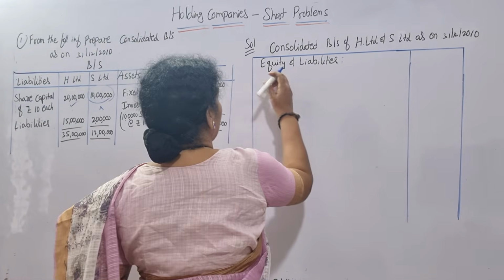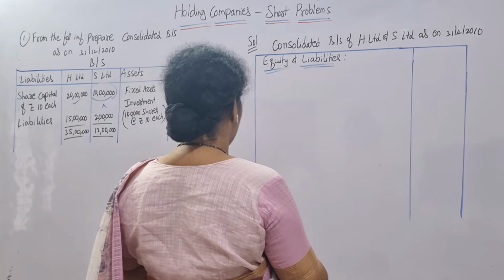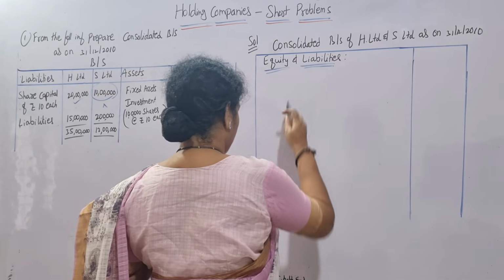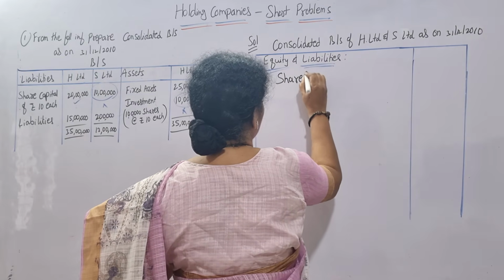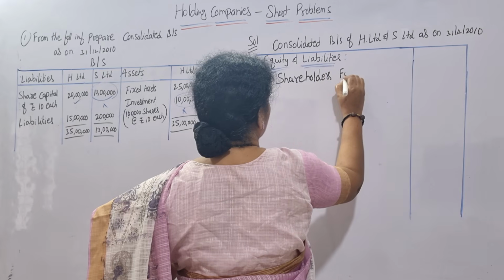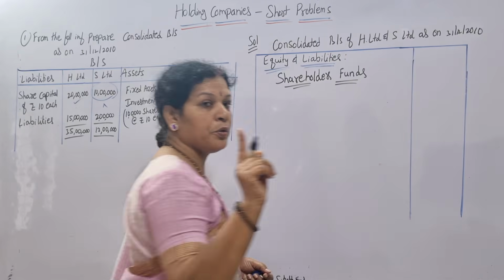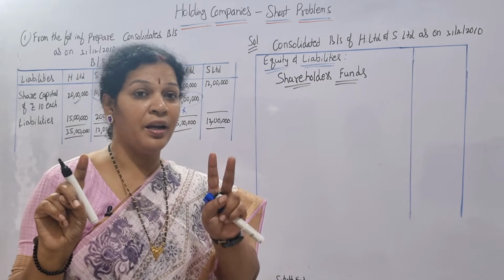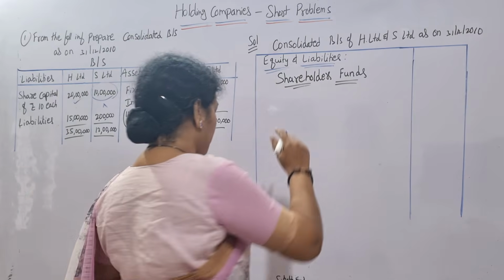Under this we have only share capital. First, shareholders' funds. Under shareholders' funds we'll write two items only, share capital and reserves and surplus. Reserves and surplus is not given, so we have only share capital.